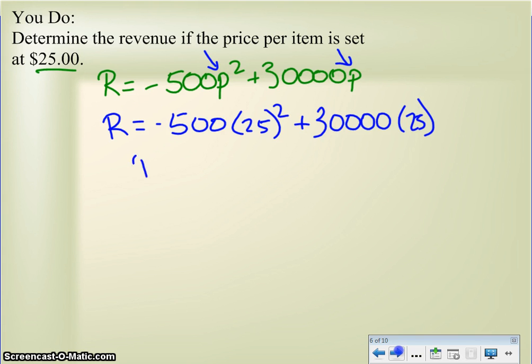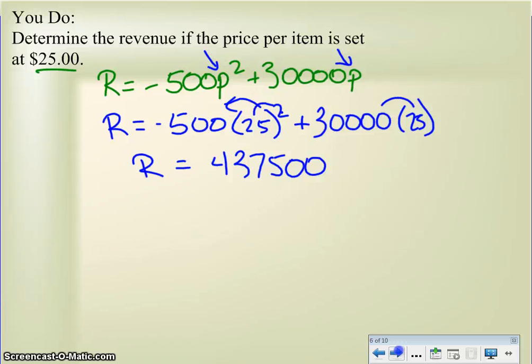When we multiply this through, adding it all together, we end up with 437,500. So make sure in order, you take your 25 squared, which is 625, then multiply it by the 500, and then add it to whatever 25 times 30,000 is, and that's where we got the 437,500.